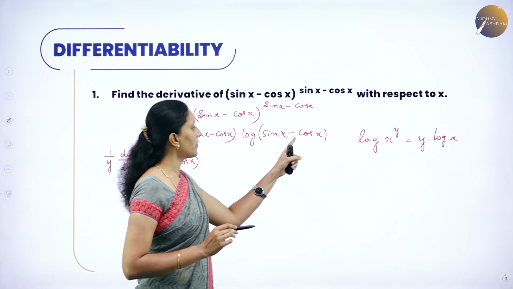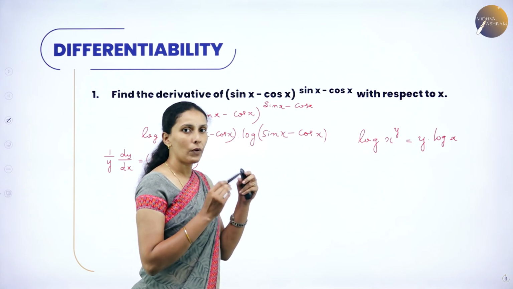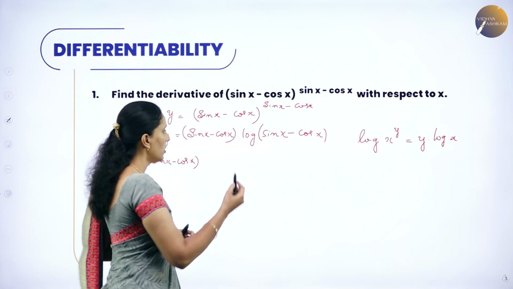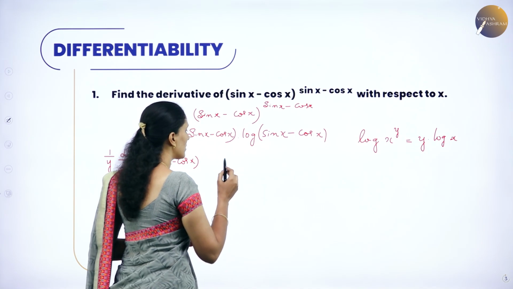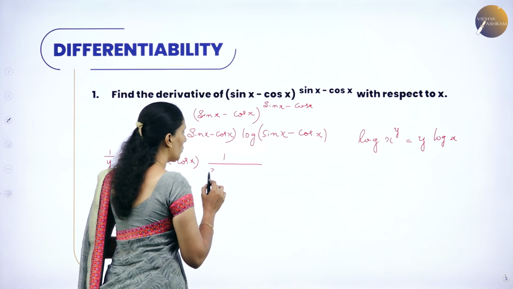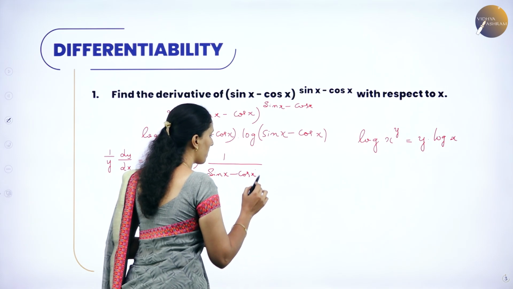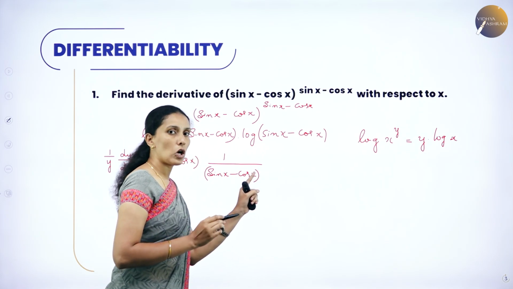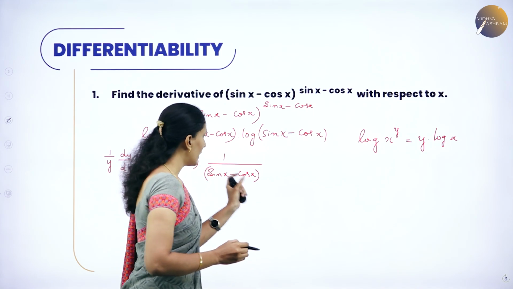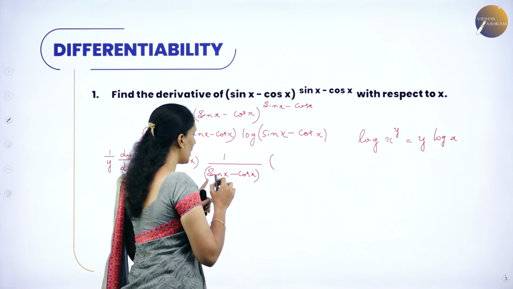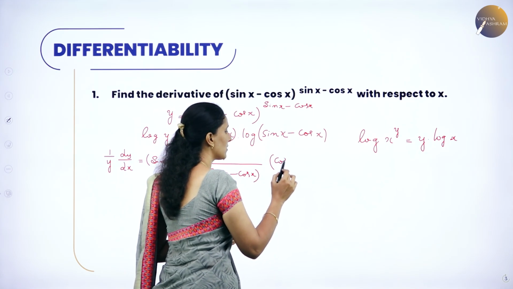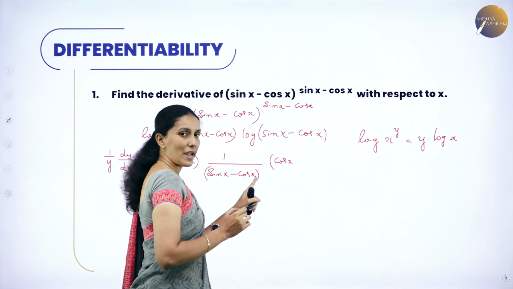Now derive this function. Log of anything will be in the form of 1 by x. So log of (sin x minus cos x) will be 1 over (sin x minus cos x). But sin x minus cos x is also one more function, so differentiate it. Differentiation of sin x is cos x and of cos x is minus sin x.